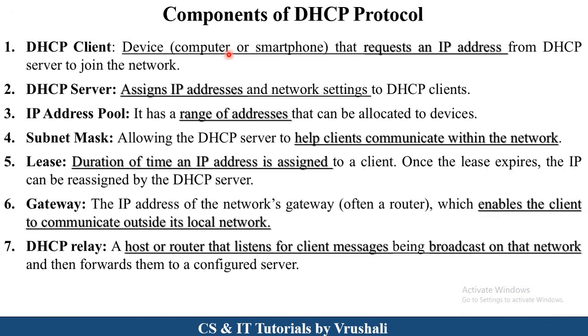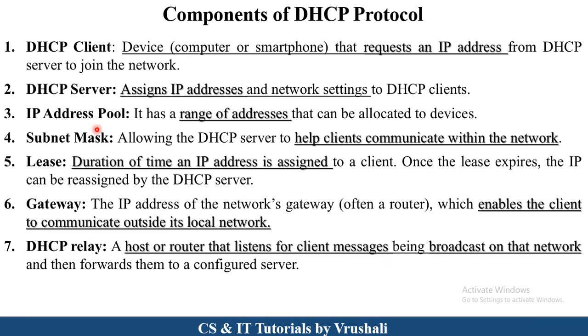Now, the next point is the components of the DHCP protocol. The first component is the DHCP client, meaning a particular device that wants to connect to the network, so it requests an IP address. DHCP server means it provides the IP address to the DHCP client.